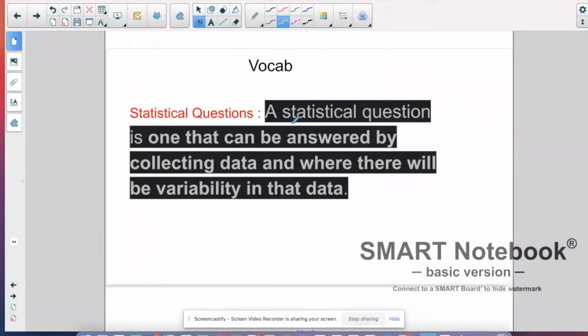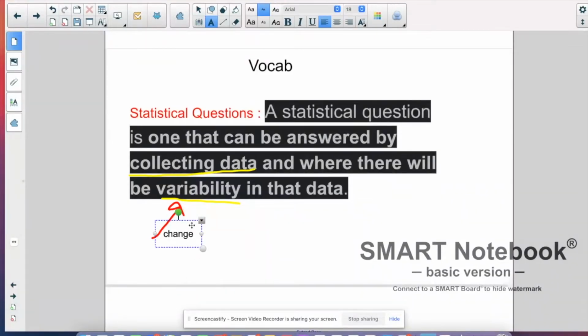A statistical question is one that can be answered by collecting data, and there is variability. Variability comes from the word vary, which means change. So we know that there has to be more than one possibility.